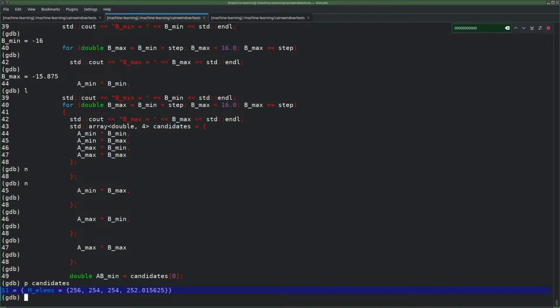That looks correct. And now we're going to find out what is the minimum of the product, A times B. It would be this one, right?